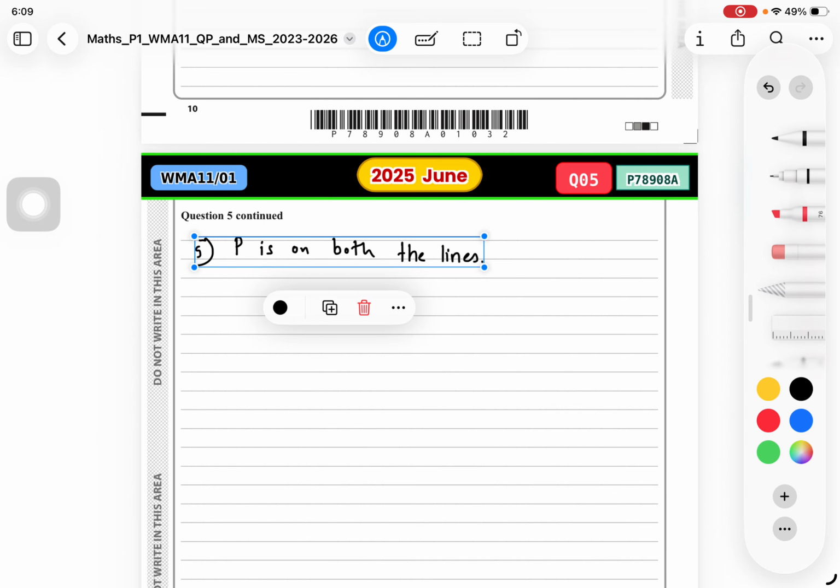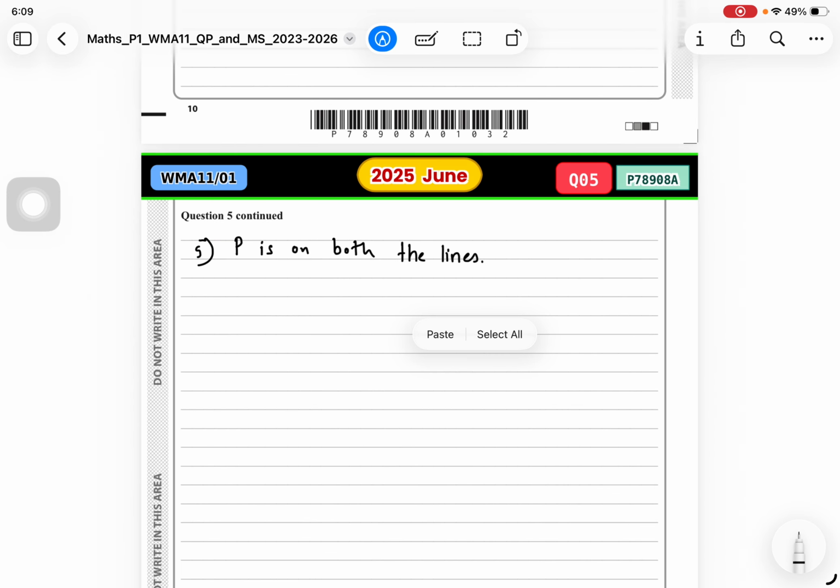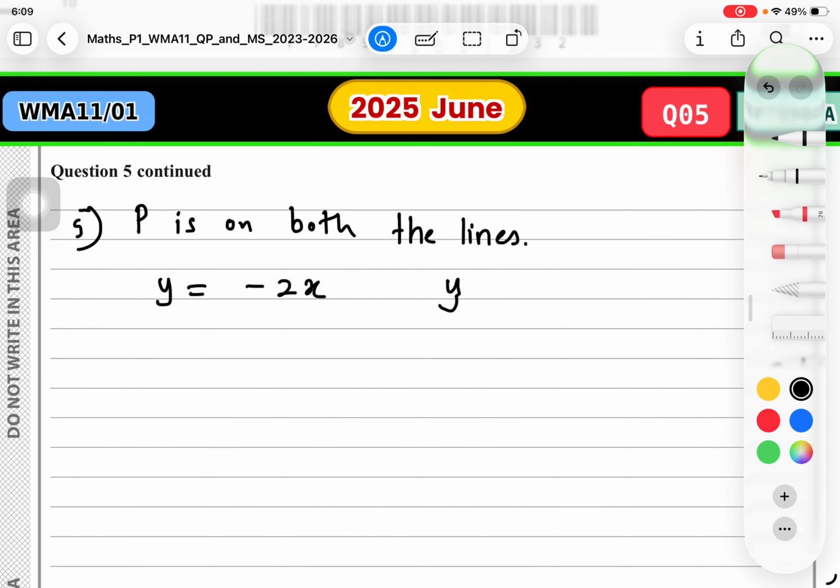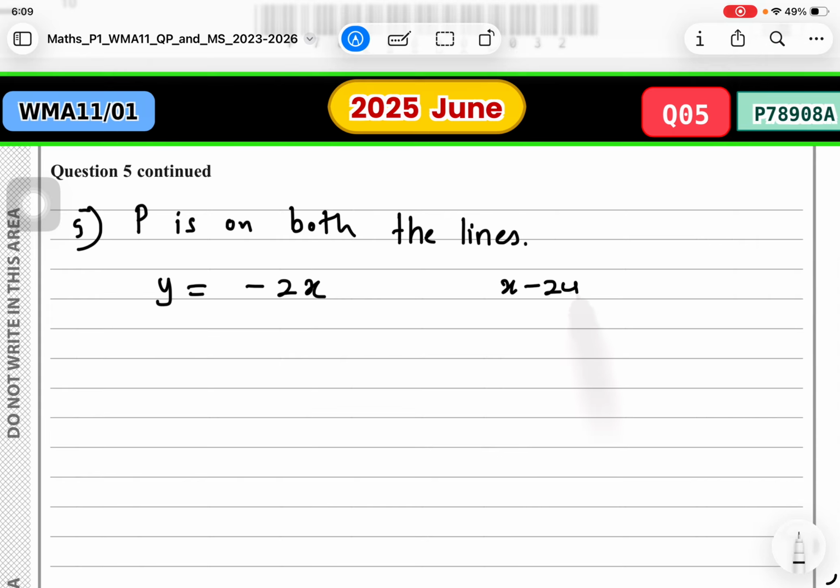So the first equation will be y equals -2x. Another one, not the shorter version, let's go with the normal version of x minus 2y plus 25 equals 0.